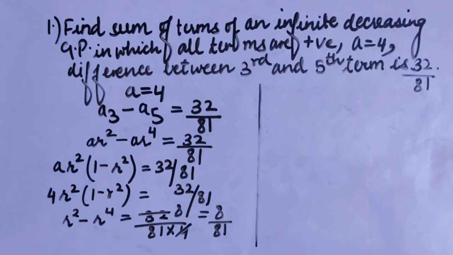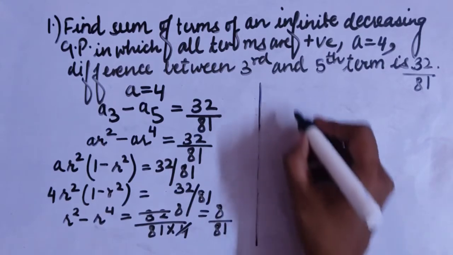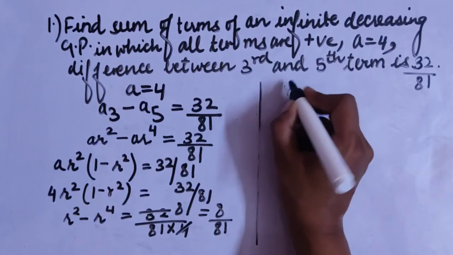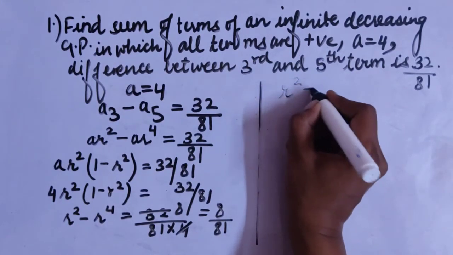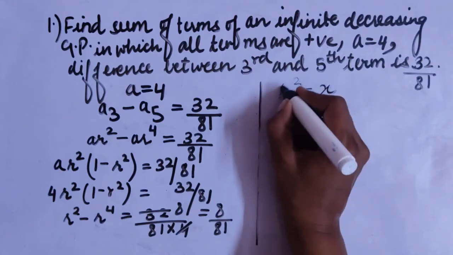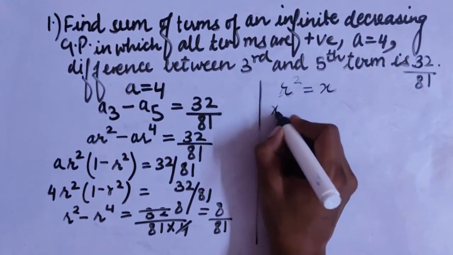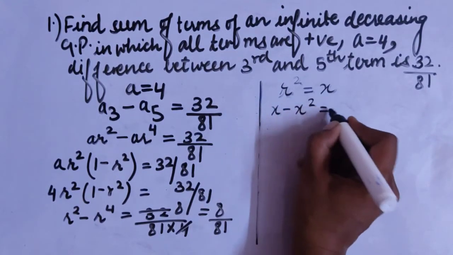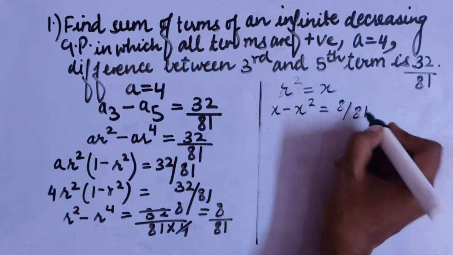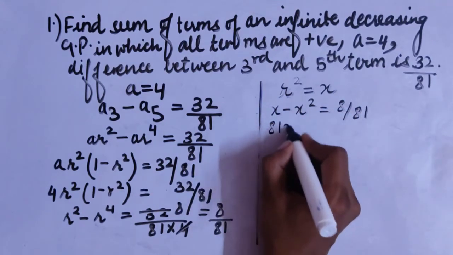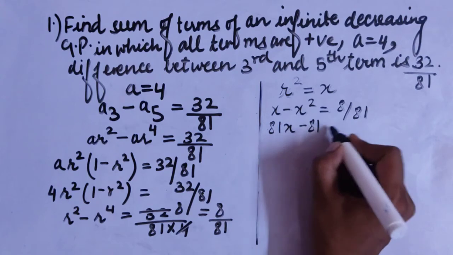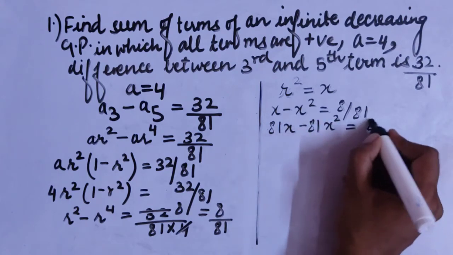So students, to solve this particular equation, we are assuming that this r square is equal to x. So what we will get from here? We will get x minus x square is equal to 8 upon 81. That means 81x minus 81x square is equal to 8.